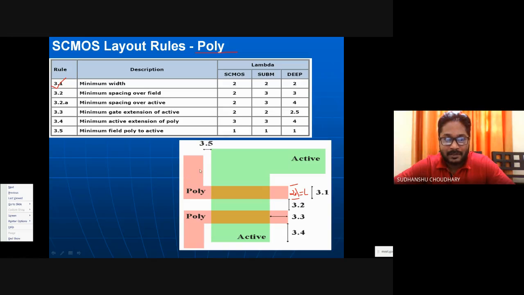Maybe you want to connect, for example, this poly gate to some other gate. Maybe for that purpose you need a contact also. Or maybe you want to connect this poly line to a metal line for getting the inputs. So you need to have a contact. The contact is the same square box, and that is called a contact. Let me take a metal line over here.